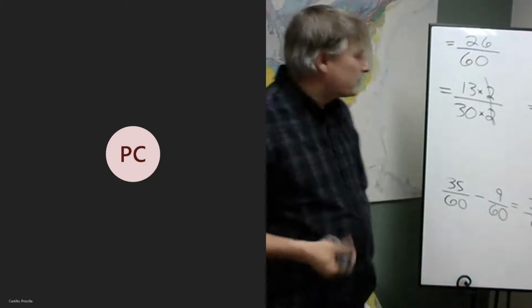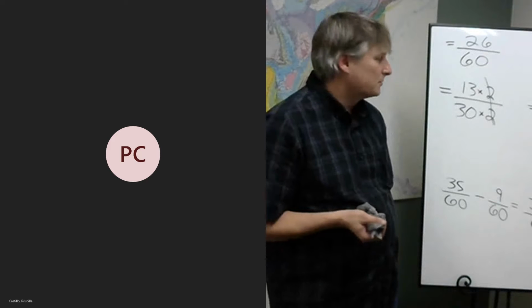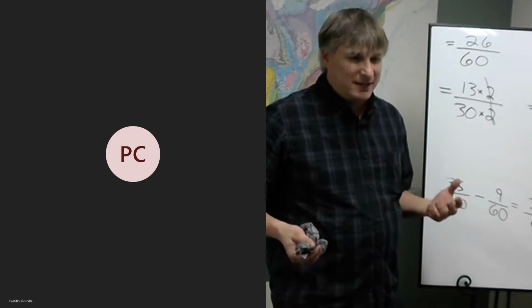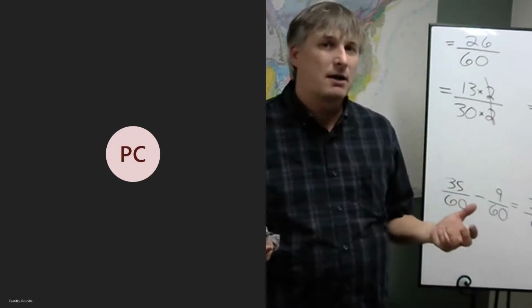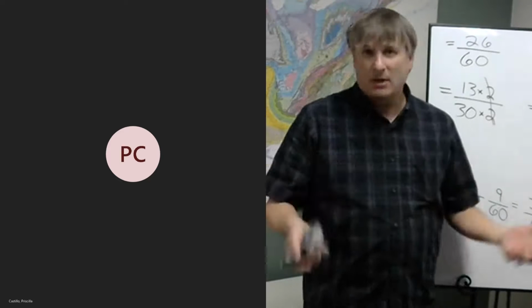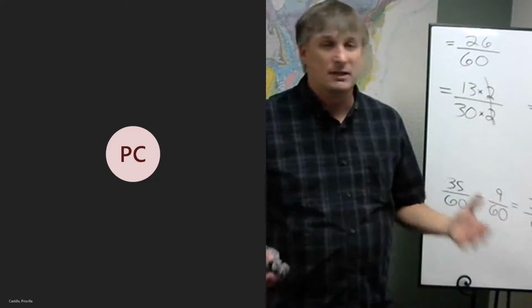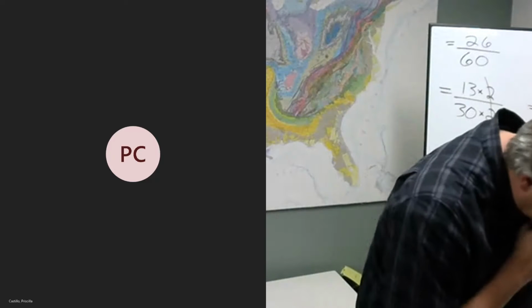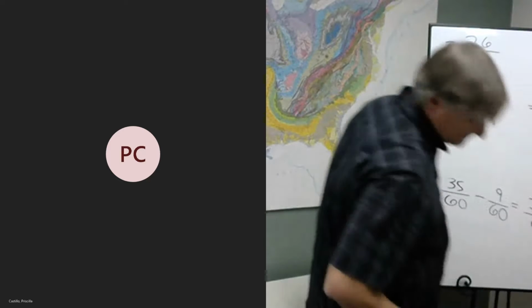So when we're dealing with rational expressions, we're going to do exactly the same thing. The difference is, instead of factoring our denominators into prime numbers, we're going to factor them into factors. So let's do a couple examples here.